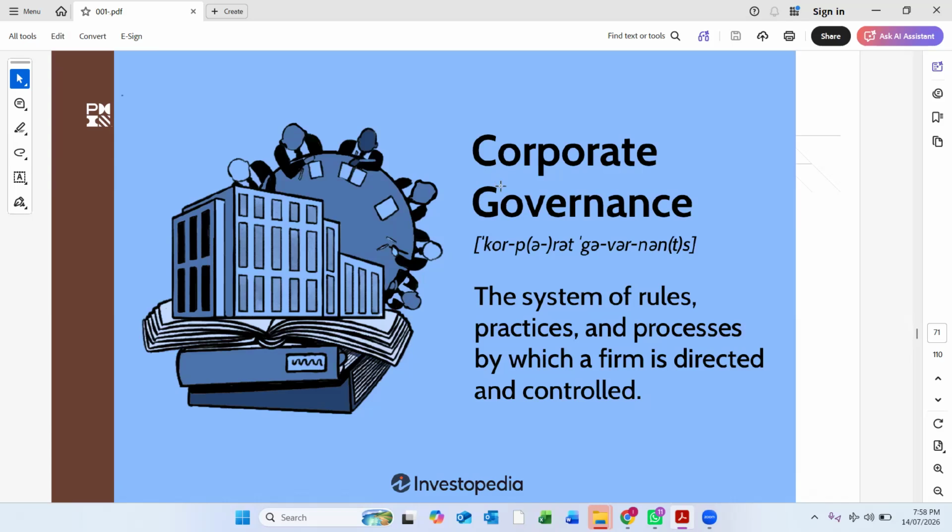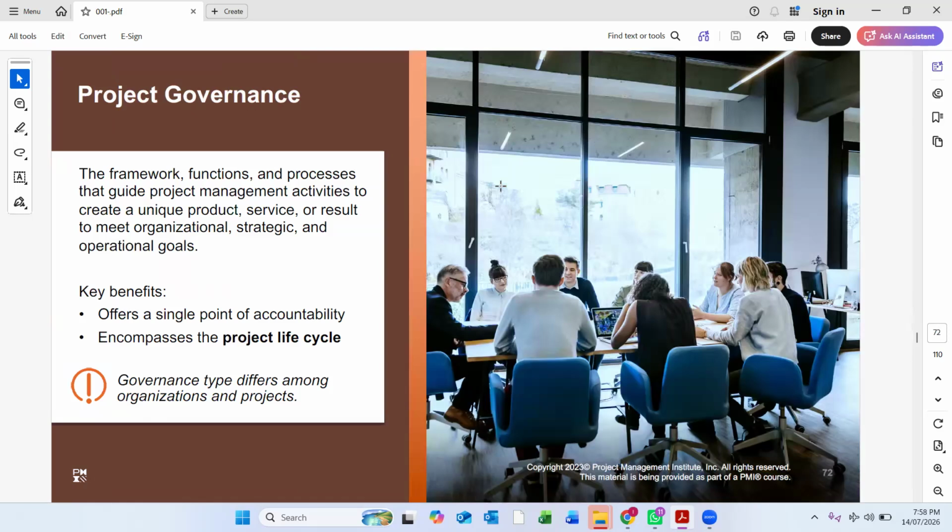So there is a difference between project governance and corporate governance. In project governance, the framework, functions, and processes that guide project management activities to create a unique product, service, or result to meet organization strategic and operation goals is called project governance.